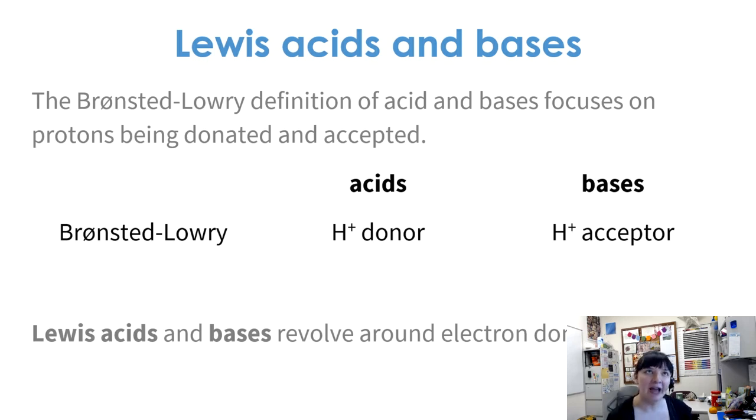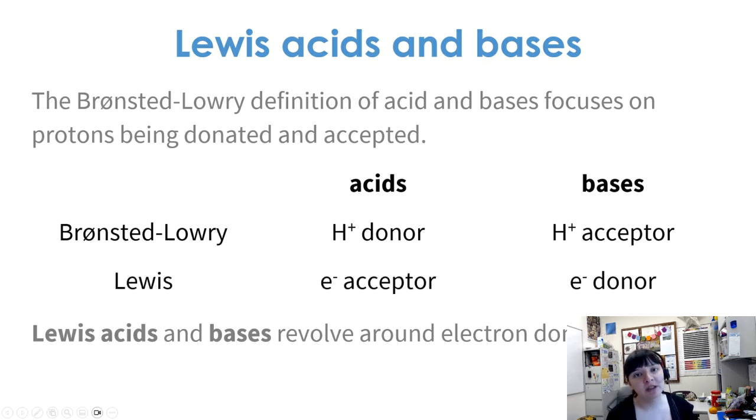And so how the electrons are moving also gets flipped in our definition. In the Lewis definition, we define an acid as an electron acceptor. A base then is an electron donor. So again, we see this distinction between Bronsted-Lowry focusing on protons being donated or accepted. Lewis does the same thing, but in terms of electrons.